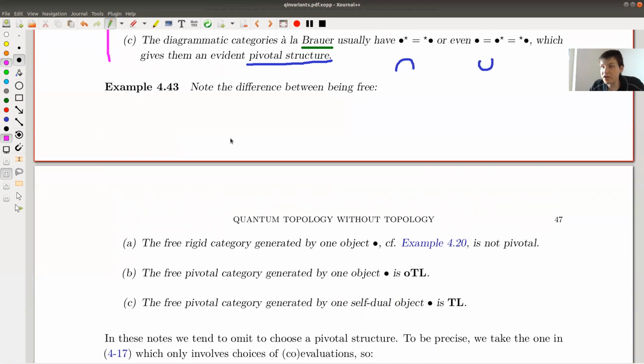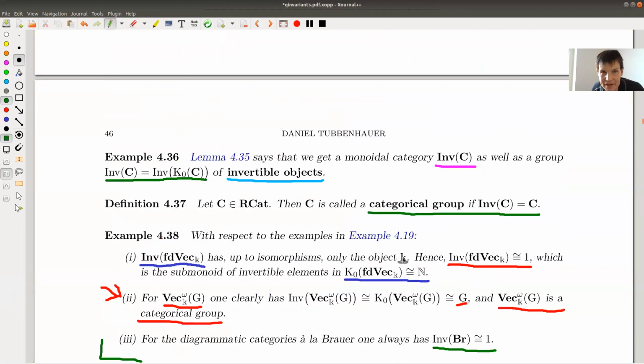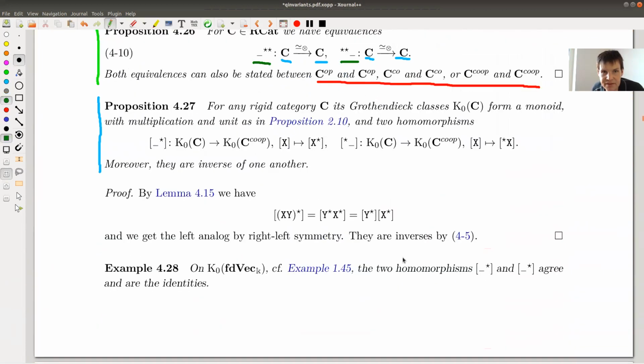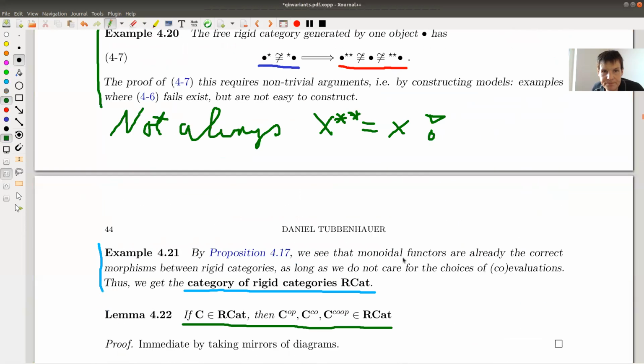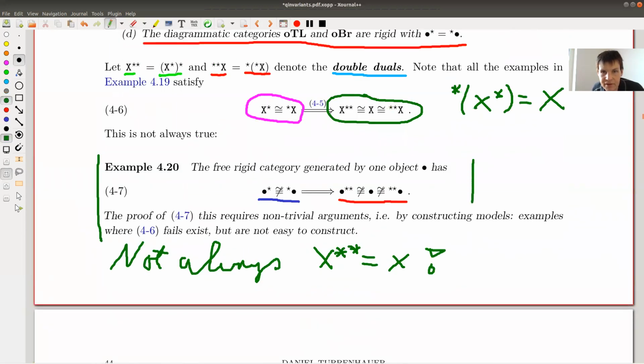let me just point out the difference of being free again. The free rigid category, like remember from last time, the free monoidal category generated by one object, is not pivotal. It would be one of those examples where you can take arbitrary powers of arbitrary duality.